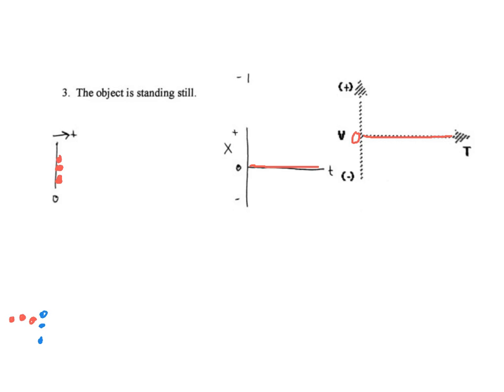I hope you're thinking the answer to that question is no. Because the fact that this object is at zero position, standing still, does not change the fact that this graph shows zero velocity the whole time. So the implications are that there's something about the motion map and our position time graph that we can't see on the velocity time graph.